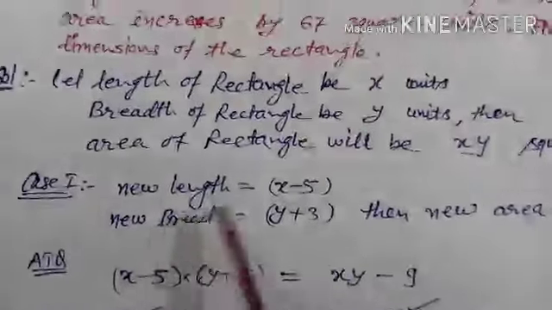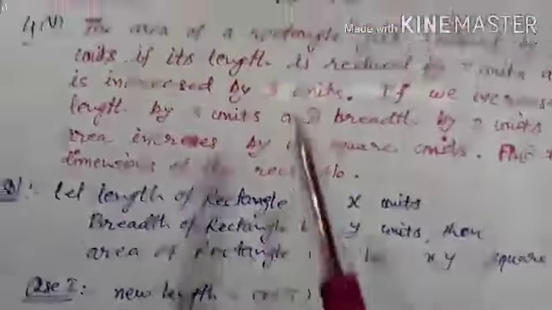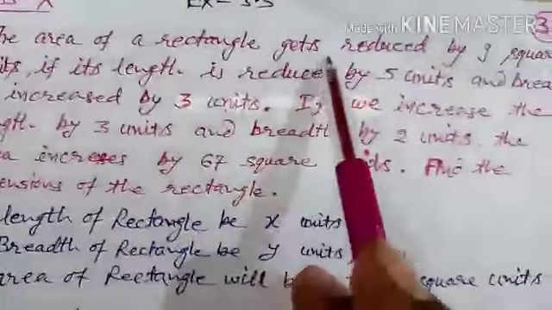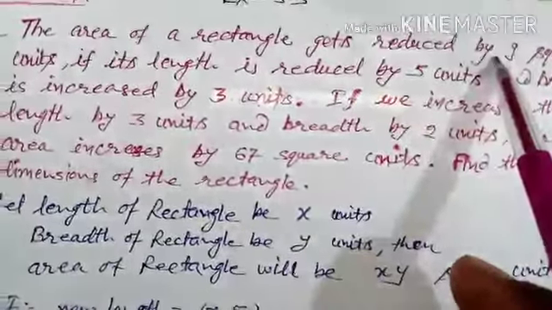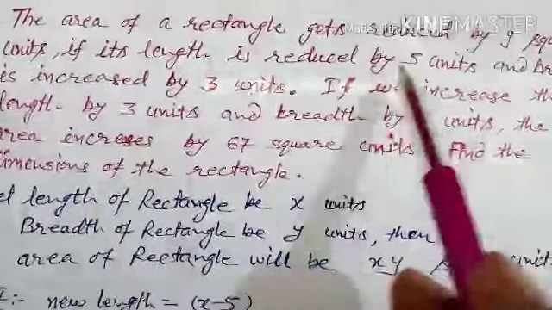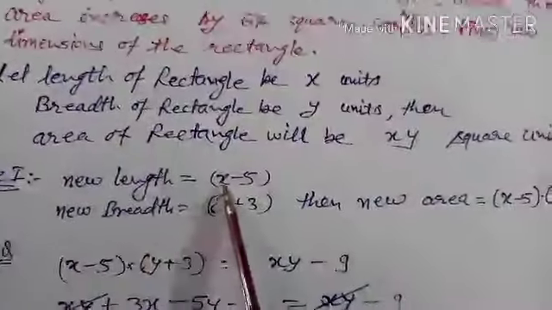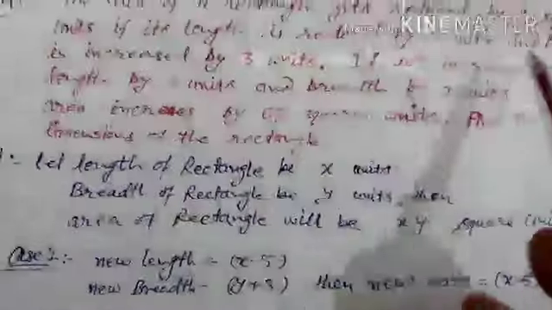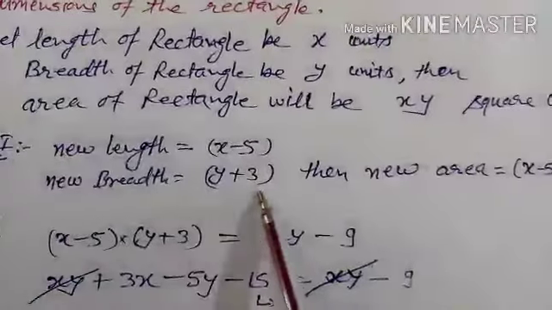Now the first condition: the area of the rectangle gets reduced by 9 square unit if the length is reduced by 5. So the new length is x minus 5, and the breadth is increased by 3 unit, so the breadth is y plus 3.